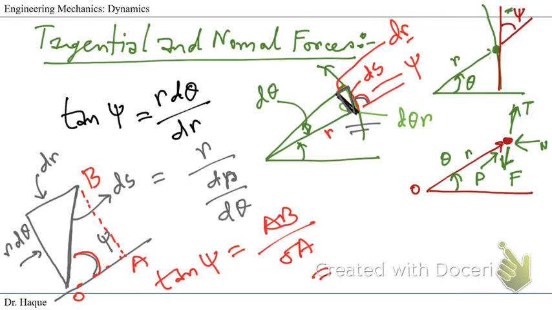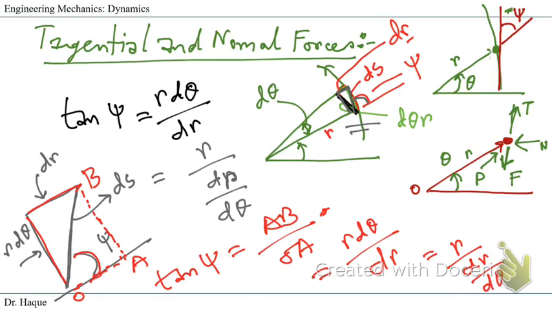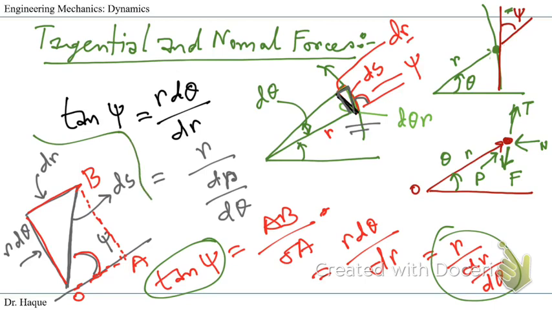And now AB is the same as this length, so we say this is r d theta, and this OA is the same as this length because it's a rectangle, so this is dr. And then from here we got r over dr over d theta. We just divided the top and bottom part by d theta. So this is how we get tan psi equals r over dr/d theta. Just to explain it more clearly.